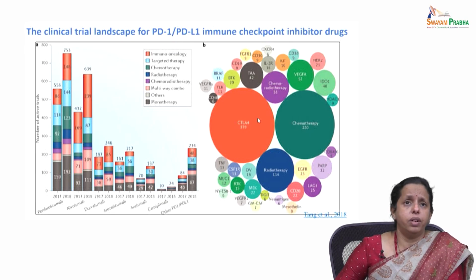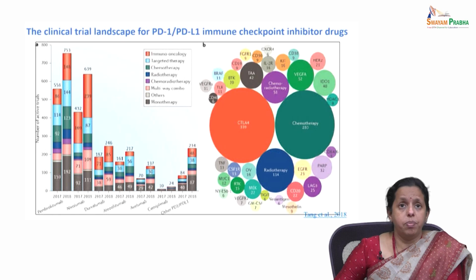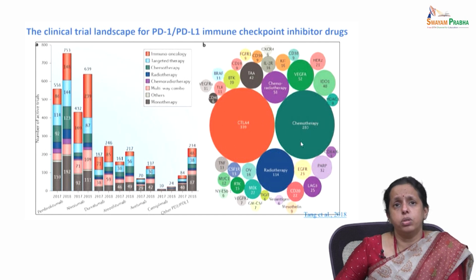These are all the different trials which they have used, and many are still in progress, and each bubble here, the number here, represents the number of clinical trials. For example, they are going to use these drugs in conjunction with other pathway targeting drugs, like chemotherapy and CTLA4, or radiotherapy and CTLA4, or another pathway.